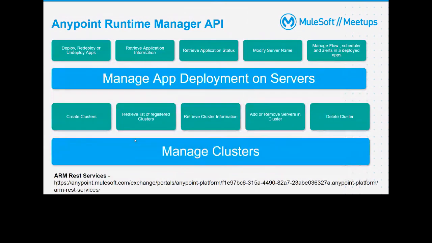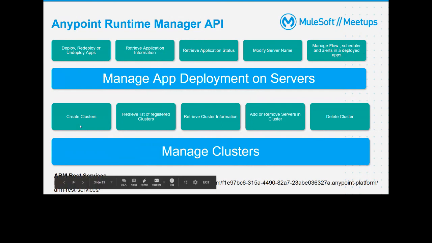Apart from that, Anypoint Runtime Manager API manages application deployment on the servers. It is capable of deploying and redeploying the application, retrieving application information, retrieving application status, modifying the server name, and managing flow and scheduler alerts in the deployed application. It also manages the cluster. Whatever operations you can do with Anypoint CLI, you can perform with the Anypoint API also.